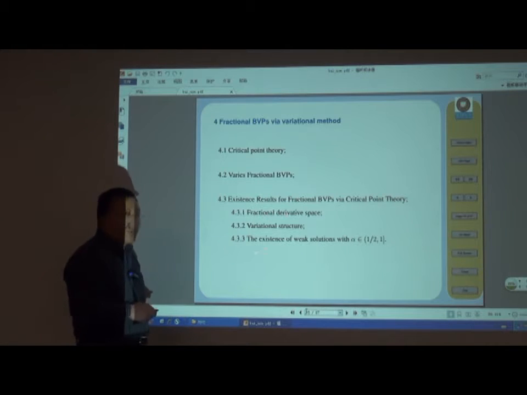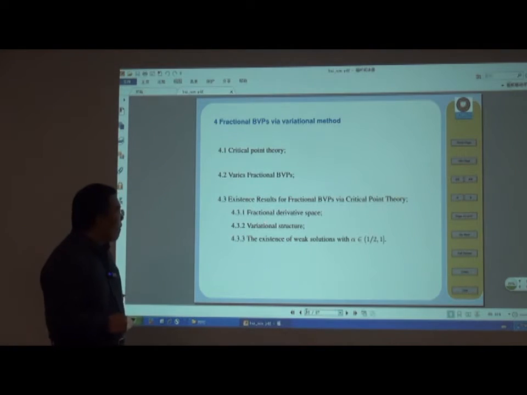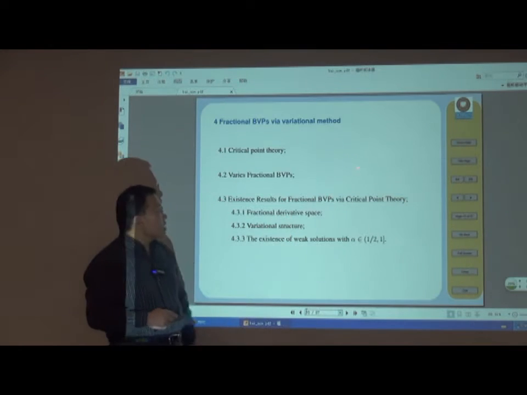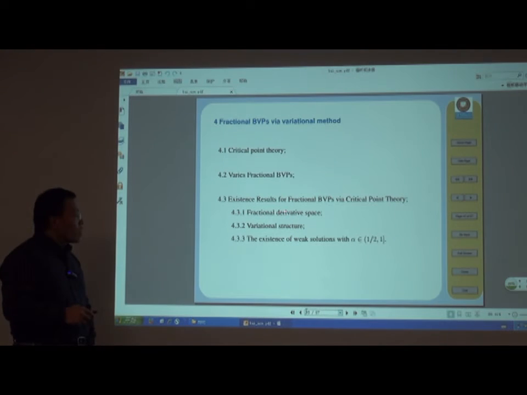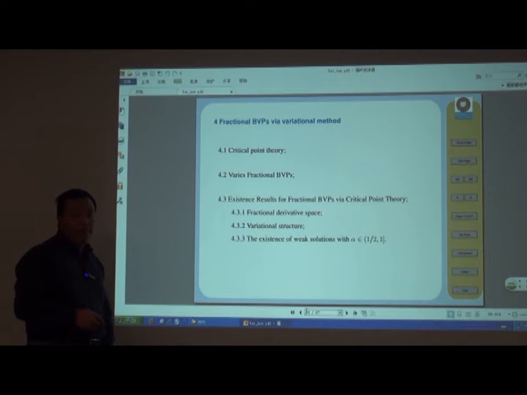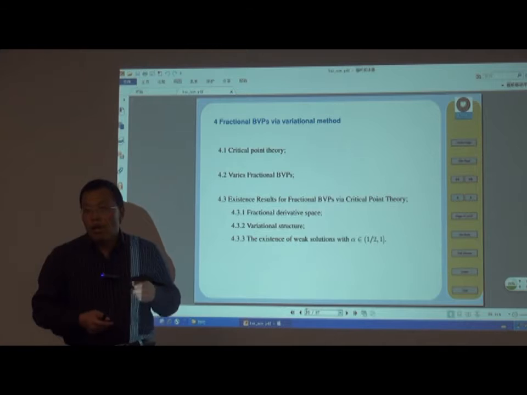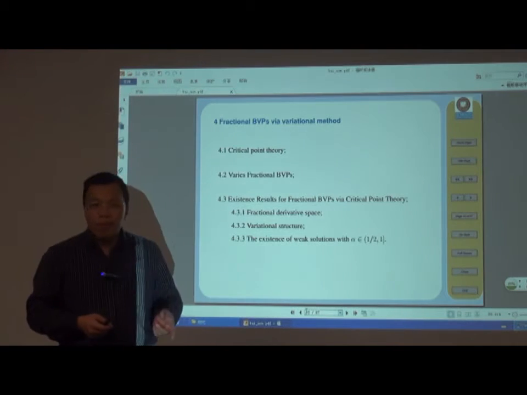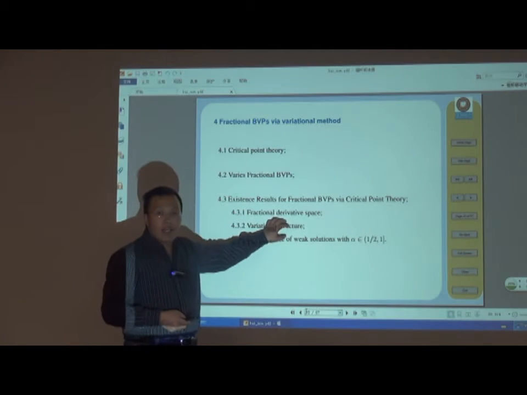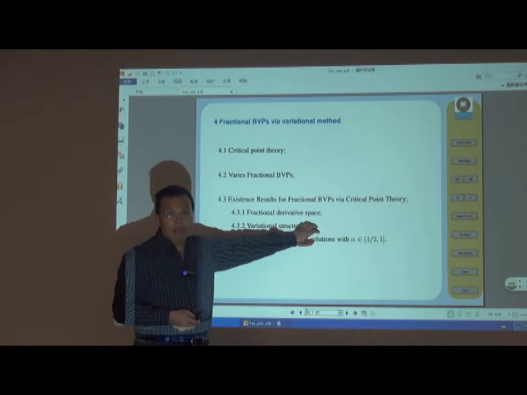There are also three subsections. Firstly, establish some fractional derivative space. In mathematics, when we solve some problems, we commonly establish a space first.